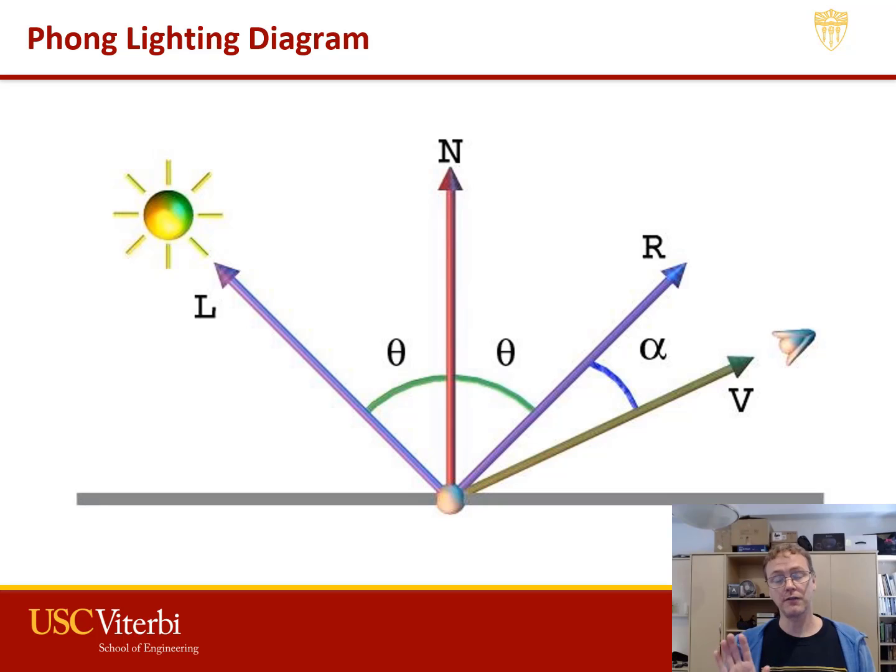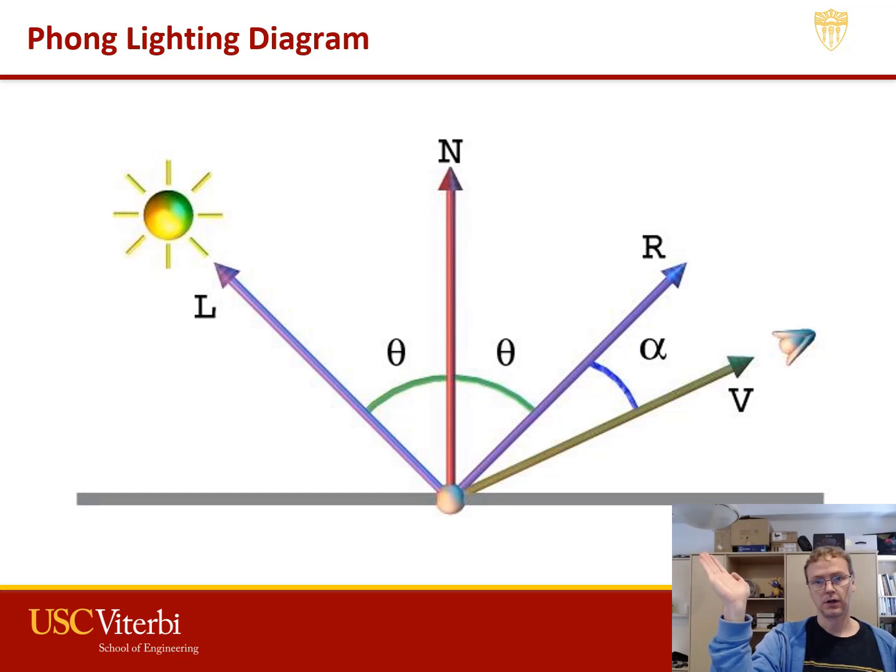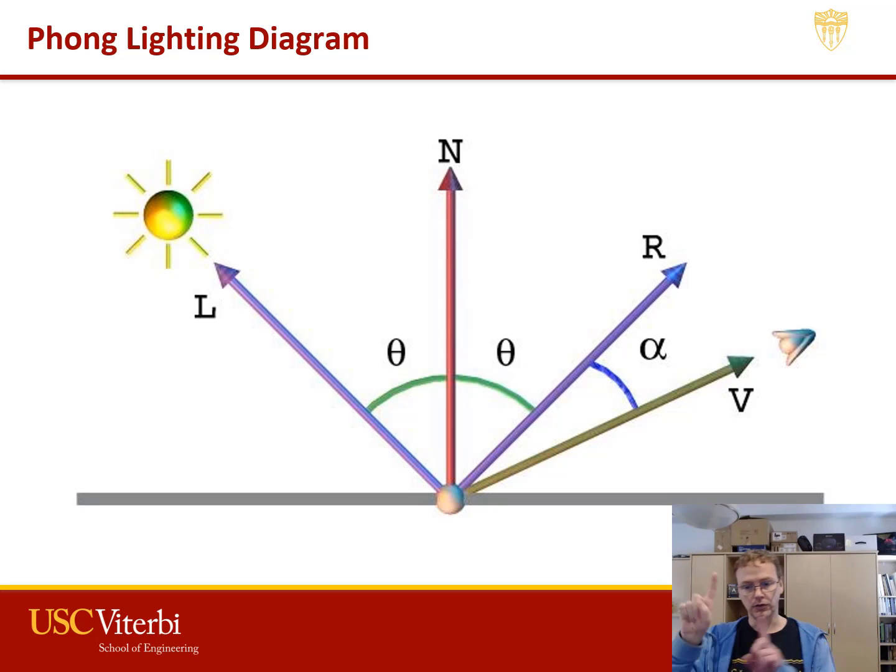The only caveat is that they assume that the L vector you were using is coming in towards the pixel and then gets reflected out like this. Whereas in our diagram, we have the L pointing outward, right? So you just need to put a minus sign on that L so that it reflects to get the R that you want to match our diagram. Okay, that's everything you're going to need.